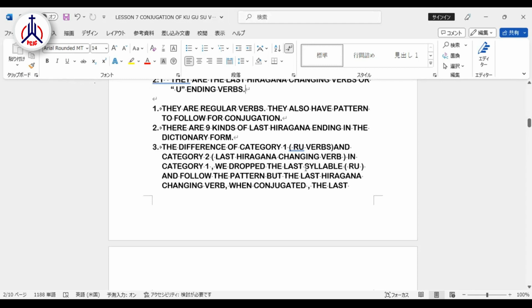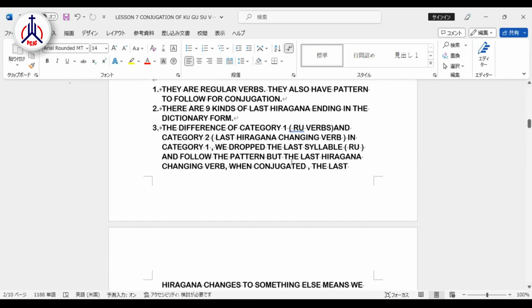For example, taberu, we drop the ru, and then we add nai, which is tabenai, or if it is past, tabeta, we add ta. The important thing is you just drop the syllable ru.